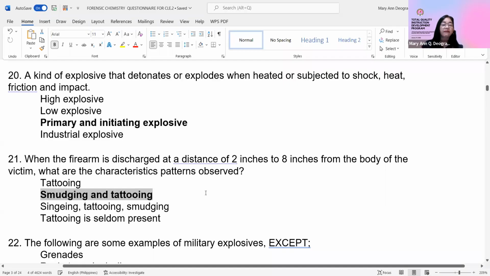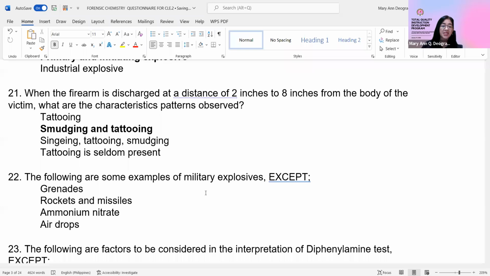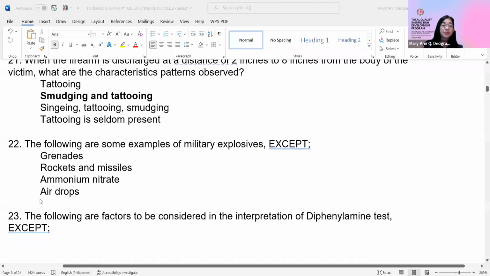Okay. The following are some examples of military explosives, except alin dyan ang hindi military explosives? It is the ammonium nitrate. Ammonium nitrate, by the way, is the cheapest form of explosive. It's actually used as a fertilizer.